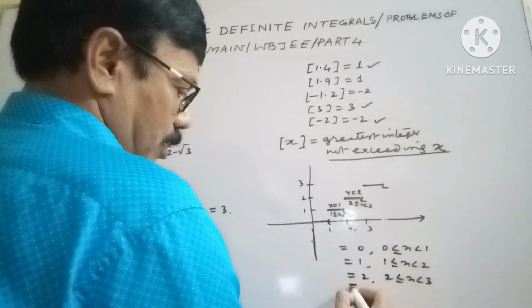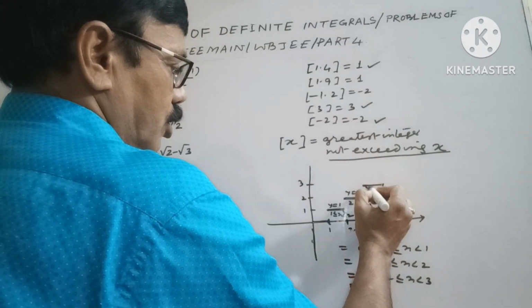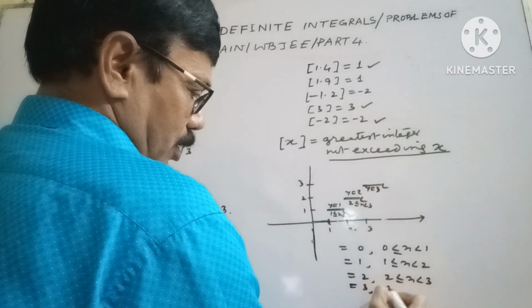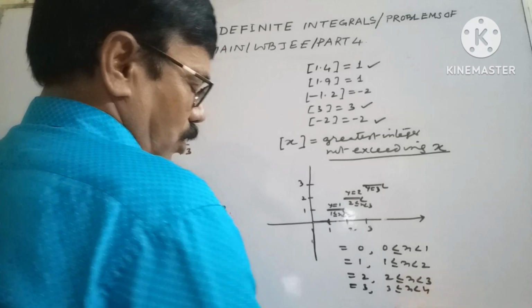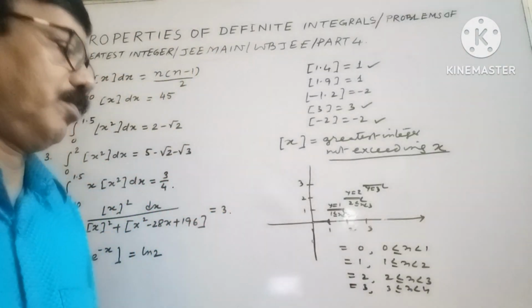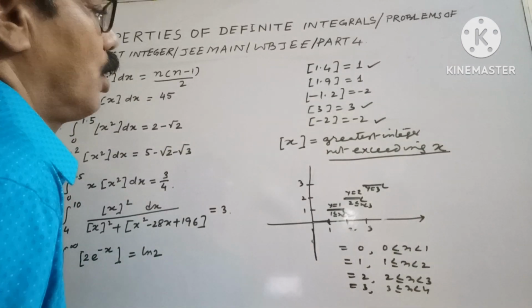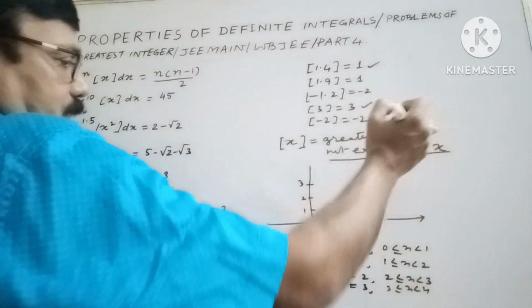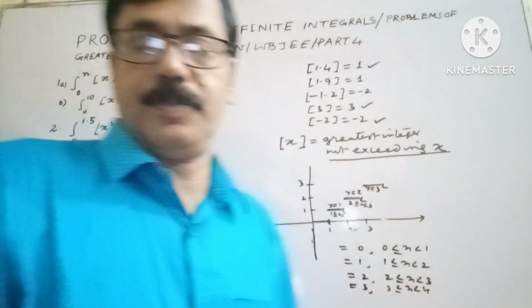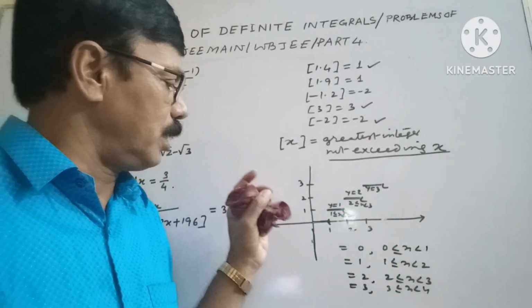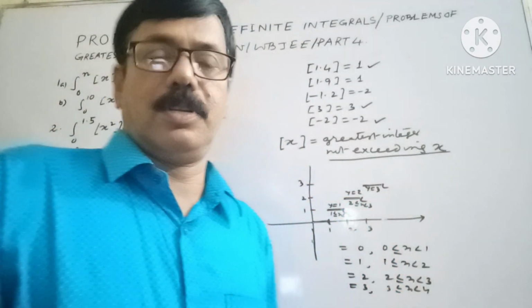And so on. This is 3. 3 is included but 4 is not. And it will continue, it will not terminate. So this is the greatest integer function. It is not continuous at integral values.